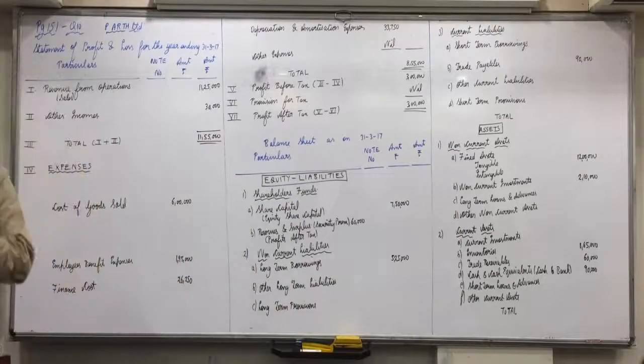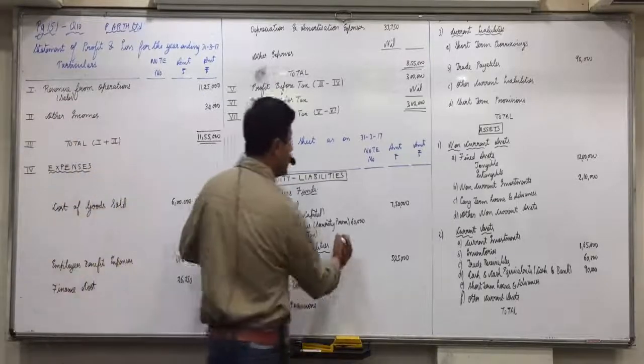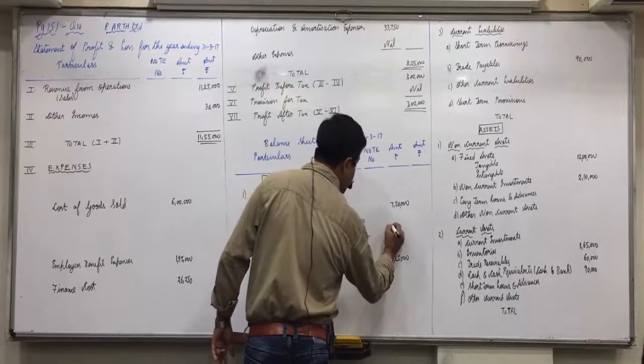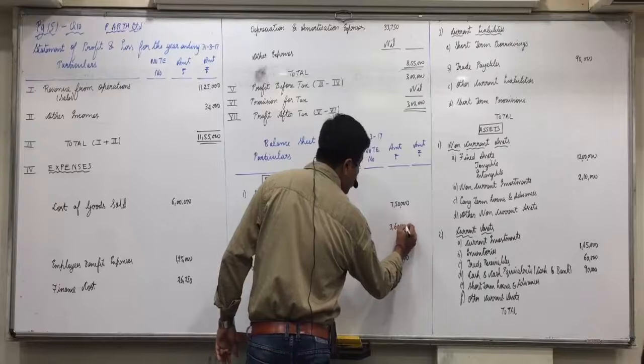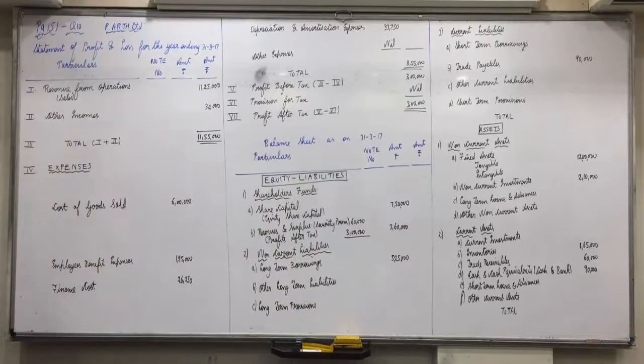There is no adjustment of provision for tax. Any confusion still here? Now profit after tax will come in reserves and surplus, 3 lakhs. So total reserves and surplus 3,60,000, in the first column.